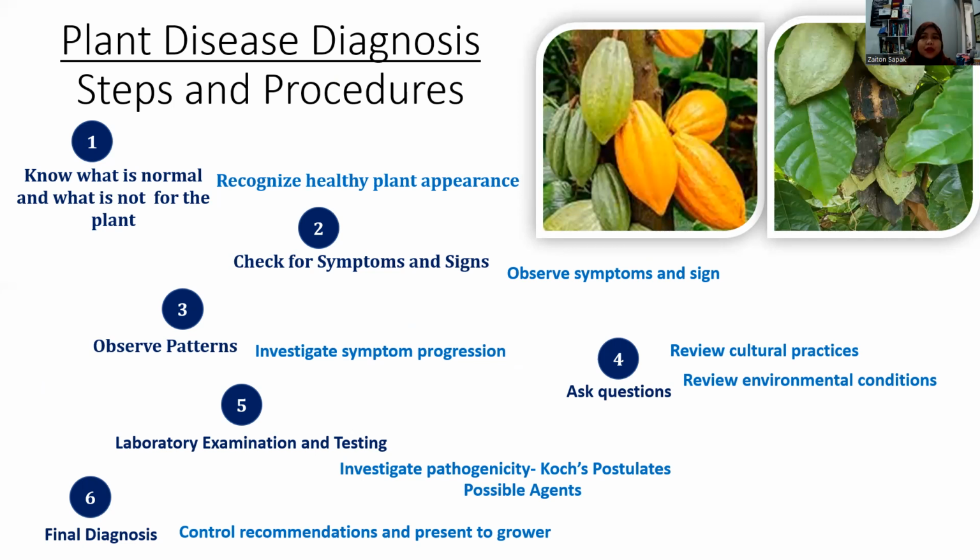For example, whether the crop was planted integrated with other crops or as a monoculture, or whether there are other applications of chemicals, pesticides or fertilizer. We also need to review the situations related to the environment, because disease development is influenced by the environment.